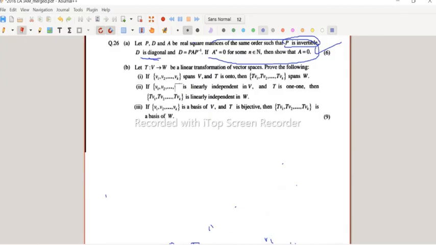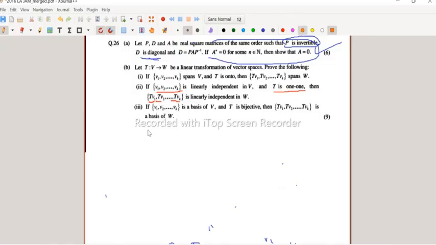So what they given? They given that V1, V2, etc., Vk are linearly independent, and it is given that T is 1-1. Okay, keep in mind T is 1-1. Therefore, T is 1-1 means what? Now null space contains only 0. Now what we got to prove? That T of V1, T of V2, etc., T of Vk is a linearly independent set. It's simple.